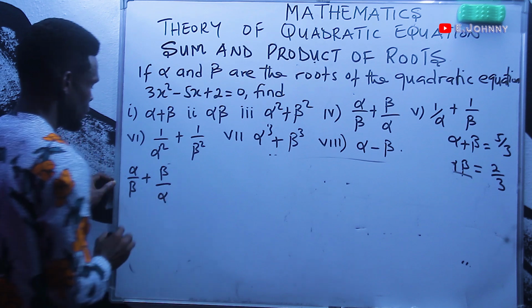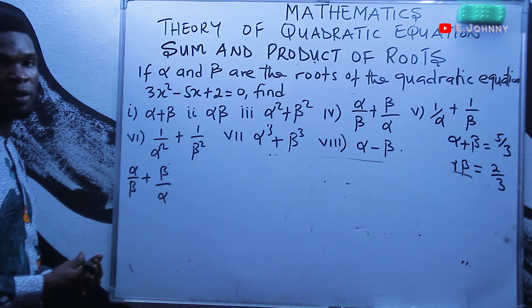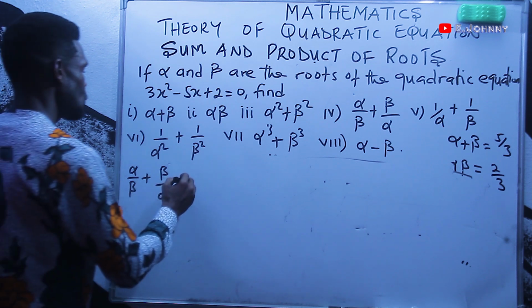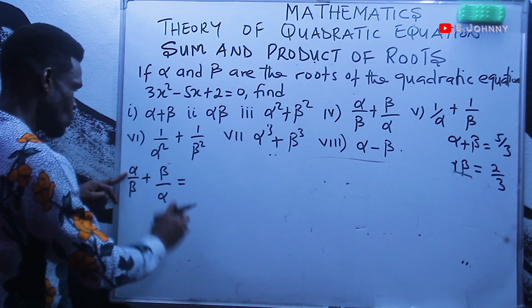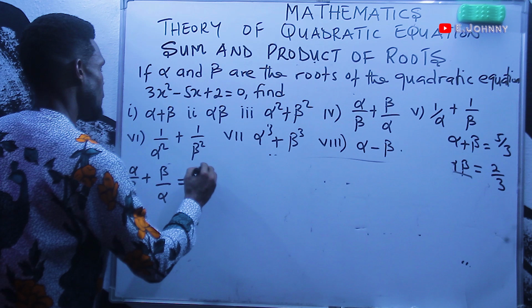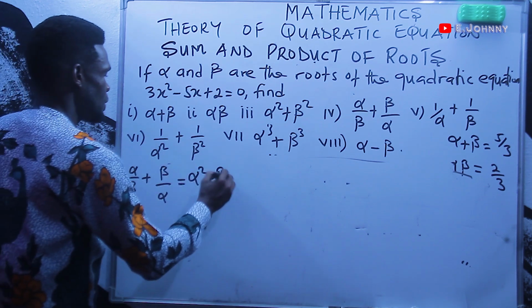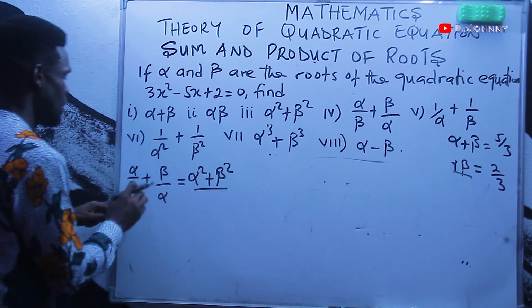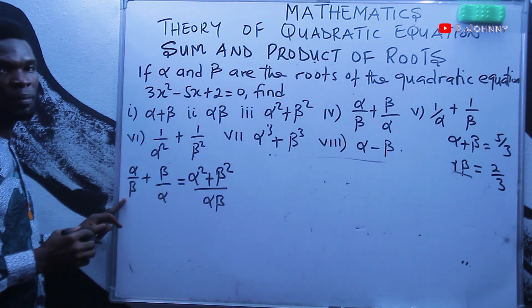Okay, this is a fraction, just the same way we combine fractions. Very simple. This is equal to alpha times alpha this way, beta times beta this way. Alpha times alpha is alpha squared plus beta times beta is beta squared, all over alpha times beta, alpha beta.